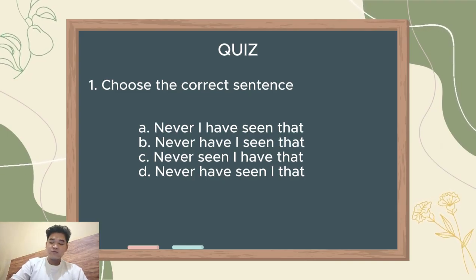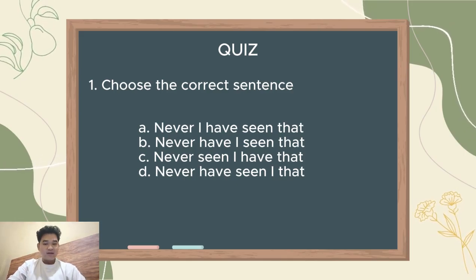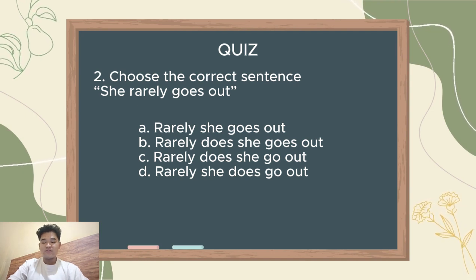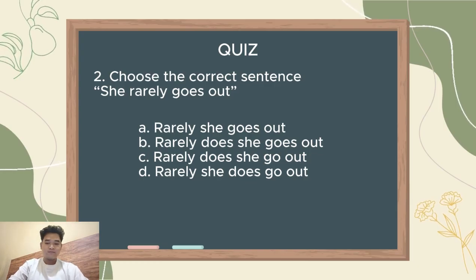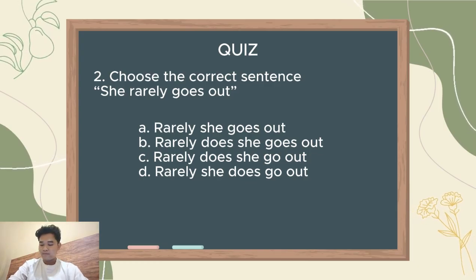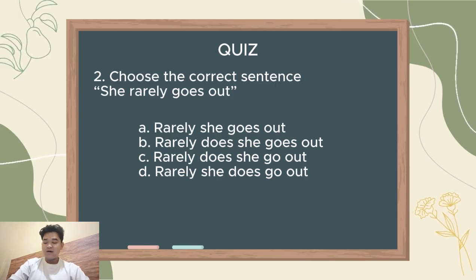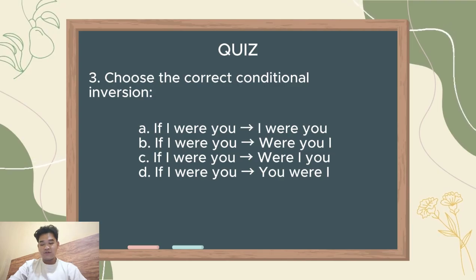Okay, I assume that you guys are done with your answer. Let's continue to the next question. Change the sentence into inversion: "She rarely goes out." Okay, you guys are done. Let's get into the third question. Choose the correct conditional inversion.